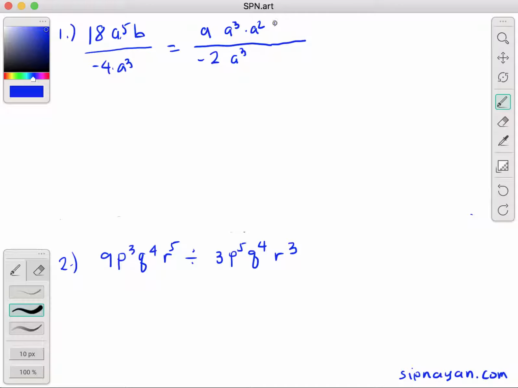Tapos, meron pa tayong b sa taas. Pwede tayo mag-cancel. A cubed divided by a cubed, we have 1. Pwede natin i-divide itong dalawang to by a cubed, and a cubed divided by a cubed is also equal to 1. Dinivide natin both the numerator and the denominator by a cubed, just like we divided by 2.